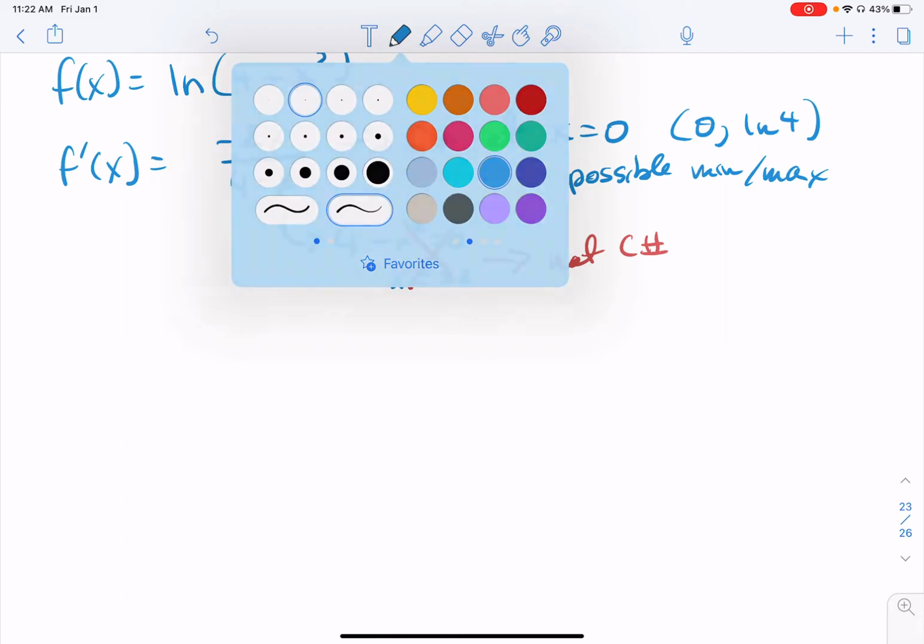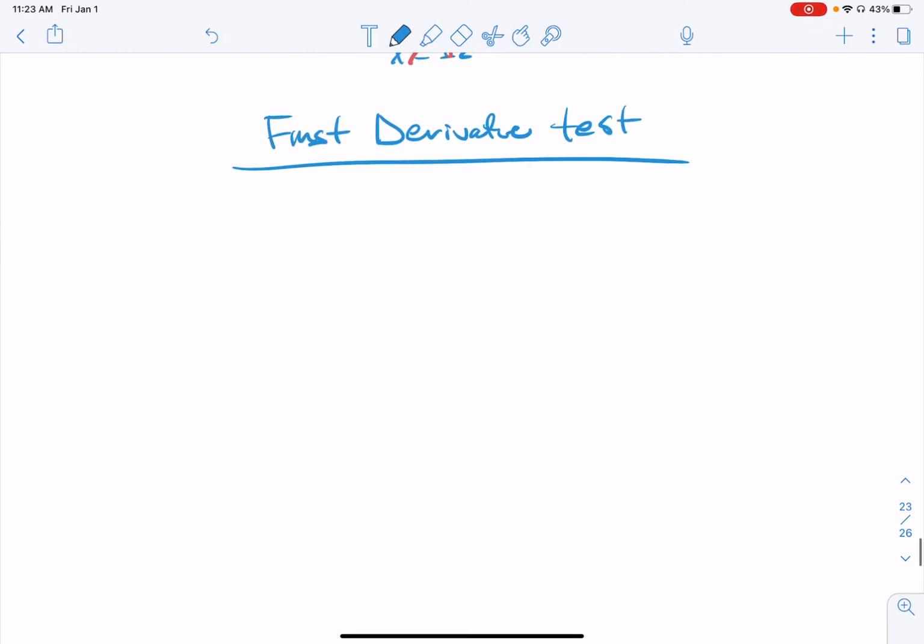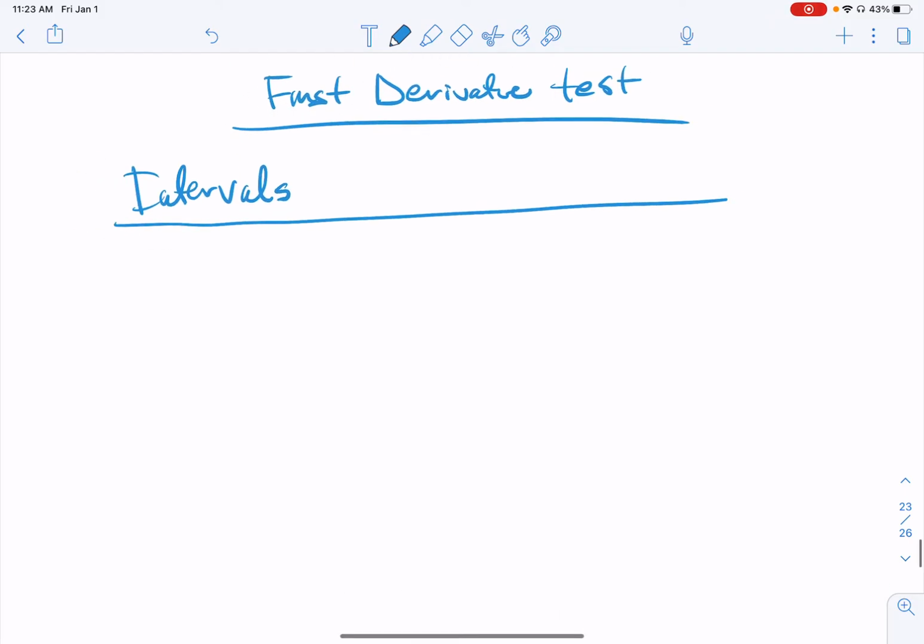Let's go ahead and do the first derivative test, which will also give us intervals over which our function is increasing and decreasing. Pretend that says first derivative test. Our intervals are not going to be from negative infinity to positive infinity this time, because our domain goes from negative 2 to positive 2.